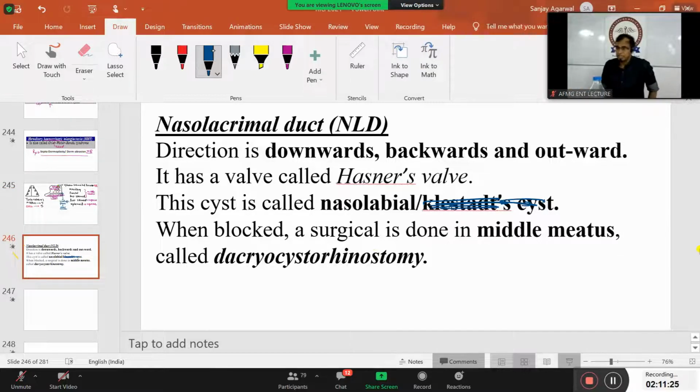The direction. Direction is a very important MCQ. This is very, very important. Direction: it is downwards, backwards, and outwards. Downwards, backwards, and outwards.